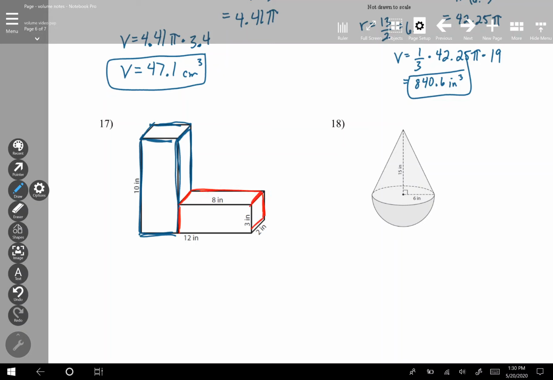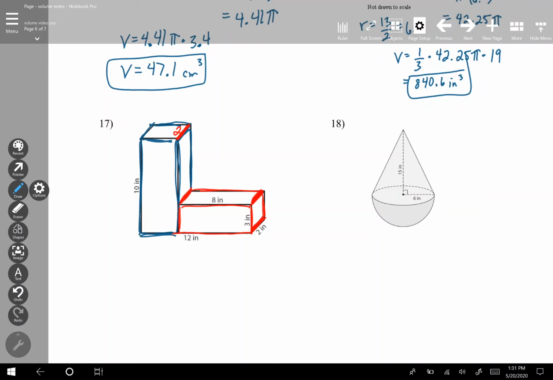Now you're going to have to use the measurements given so that you can figure out the different dimensions here. All right, so first thing, I can see this prism, this 2, it applies up here, and then it's also right here, so this is 2. And that means that this one up here is also 2. Okay? So the width of this prism is going to be 2.